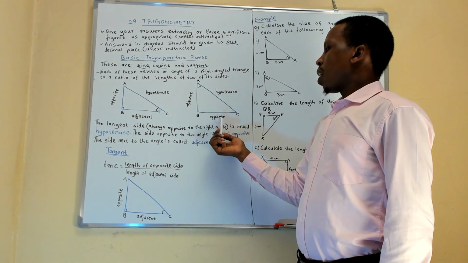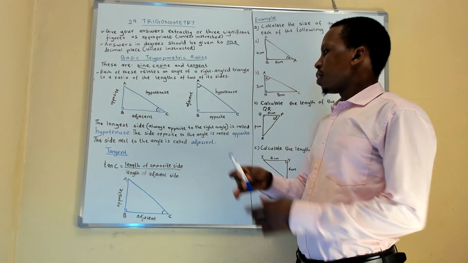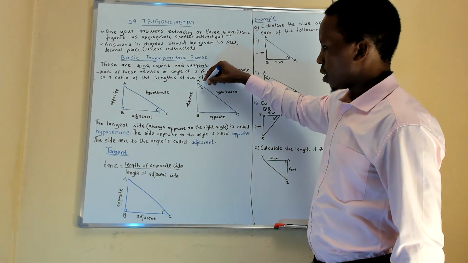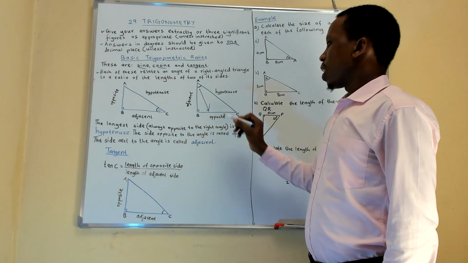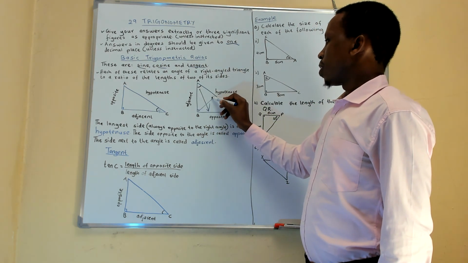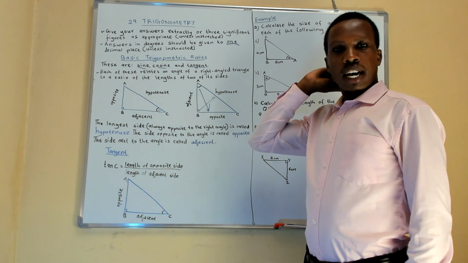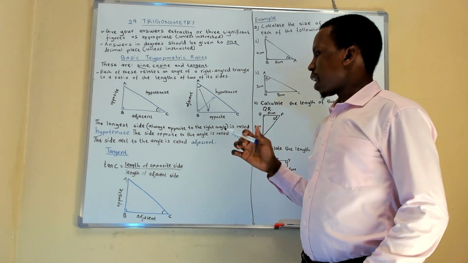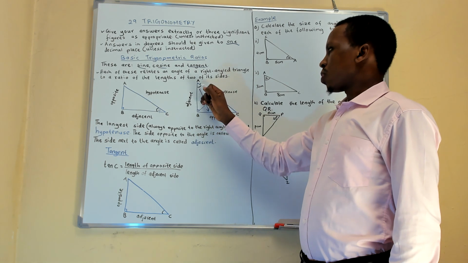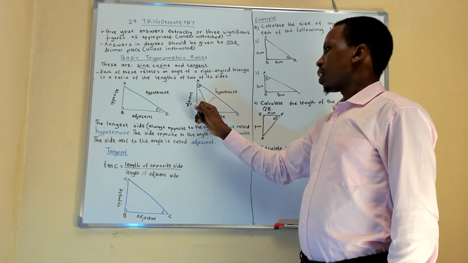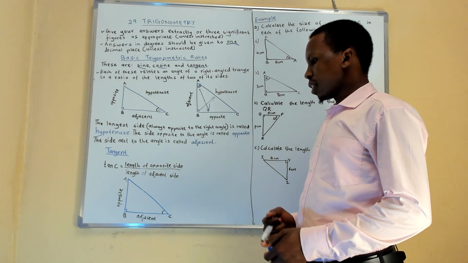This side is opposite because of this angle. And also, the side opposite the right angle is called the hypotenuse. Then this line, which is next to the angle of reference, is always the adjacent.